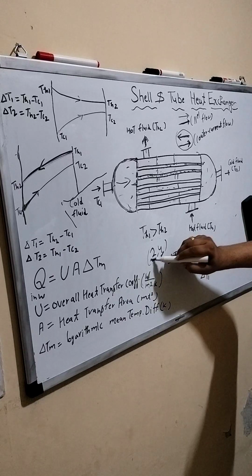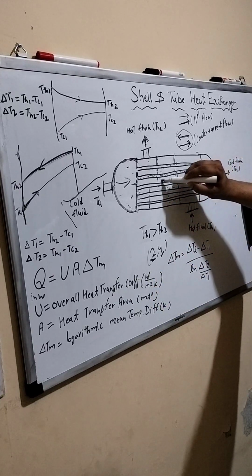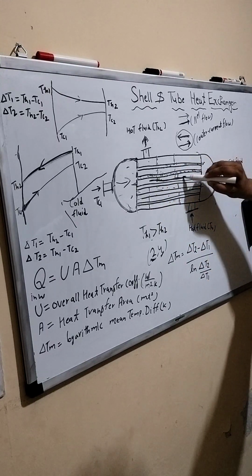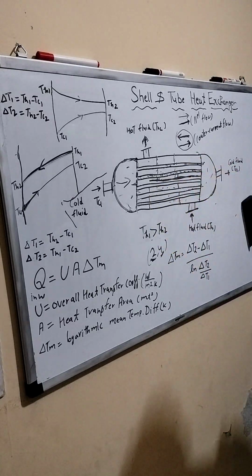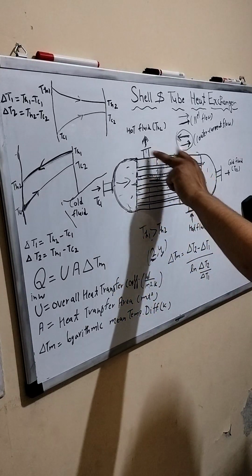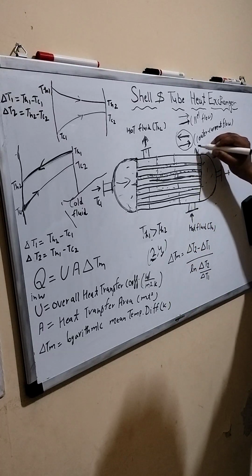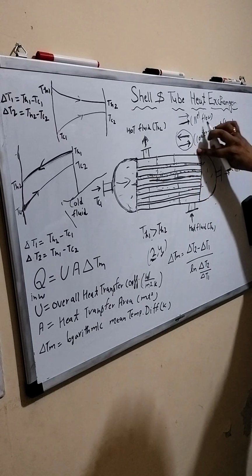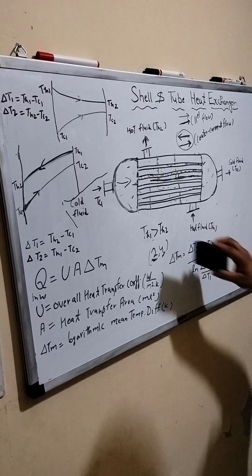If you want 2 shell passes, you have to insert longitudinal baffles like this. The baffle blocks the passage of the shell side fluid so it moves in this direction, and then the fluid comes out from this side. This is just an example for your understanding.